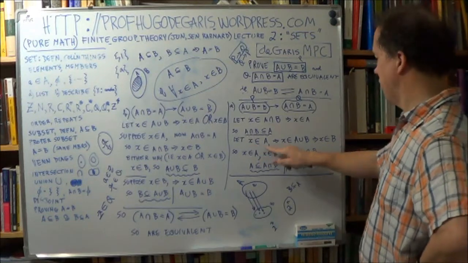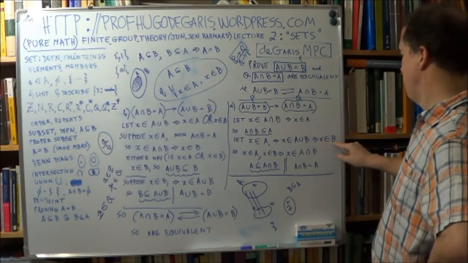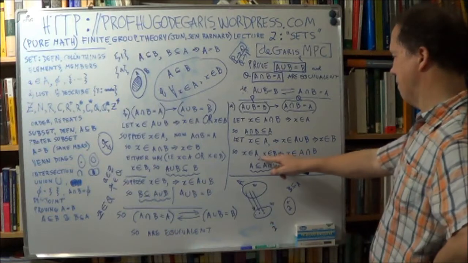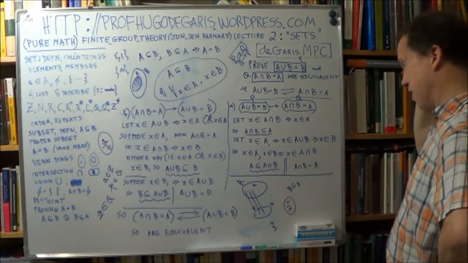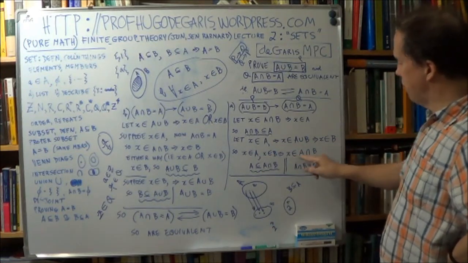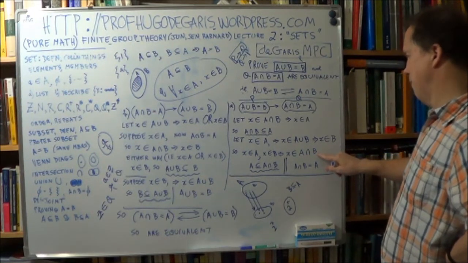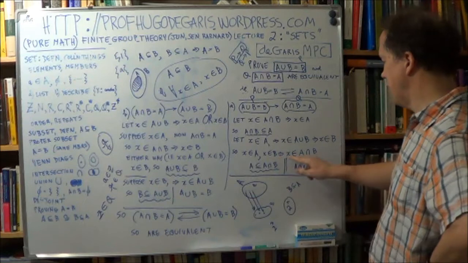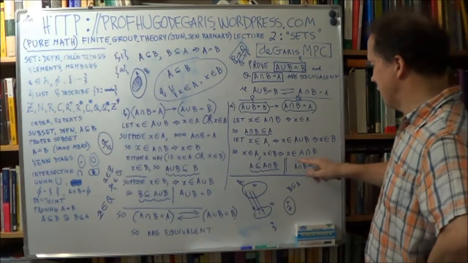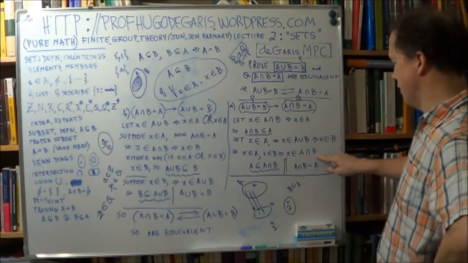So if X belongs to A, X belongs to B. Right? Both. So if X belongs to both of them, then X belongs to the intersection, A intersection B. Right? So if X belongs to A, X belongs to the intersection. So that means that A is a subset of the intersection.